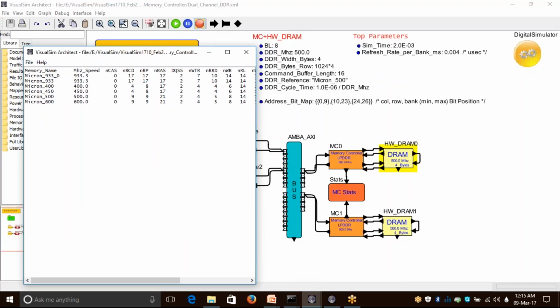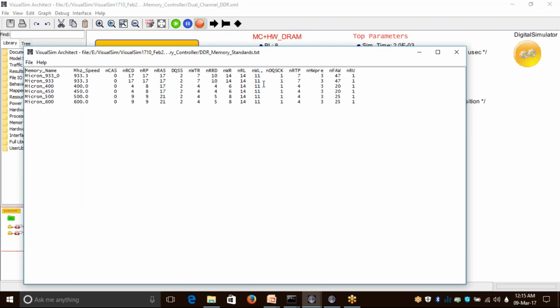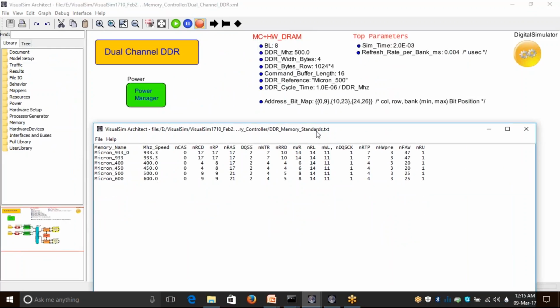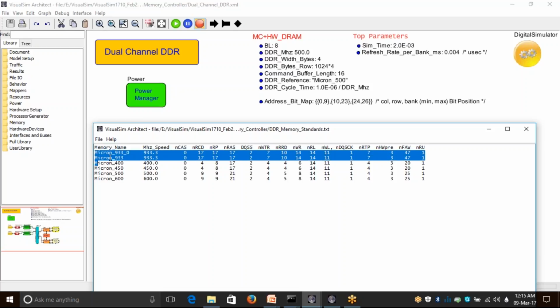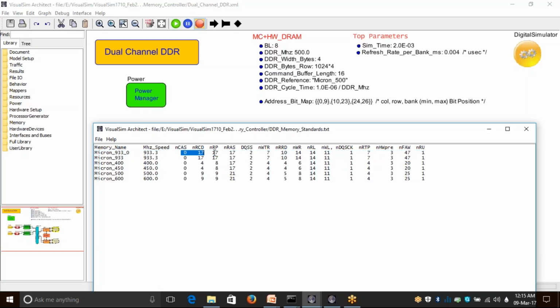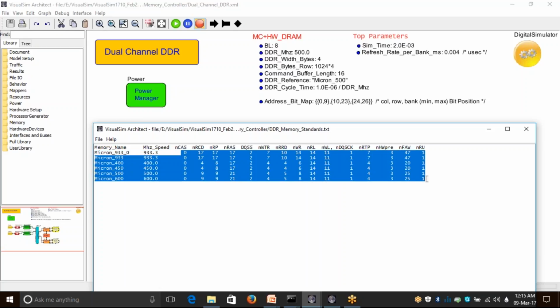In this case, the model was used to experiment with different types of memory technologies. We were using Micron memory technology, all the way from 933 to 400, 450, 500, and 600 clock speeds. And we have the timing information associated with different technologies as well.